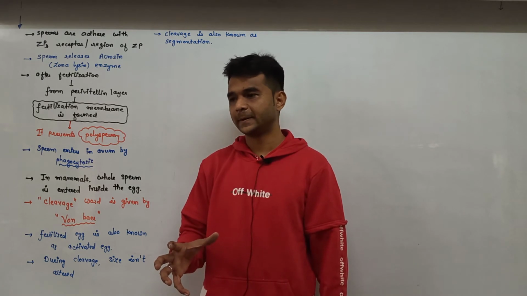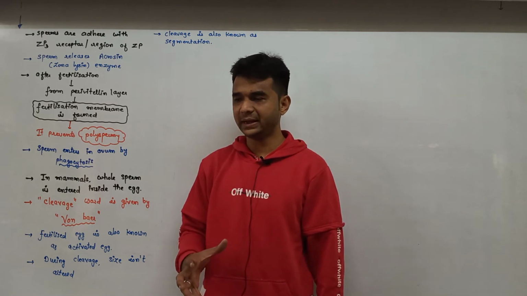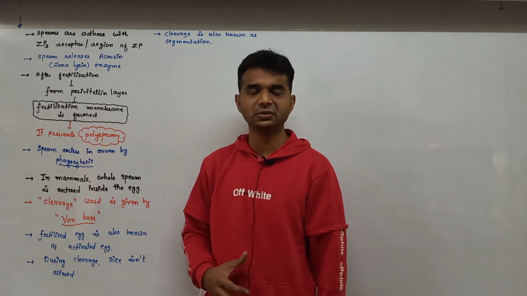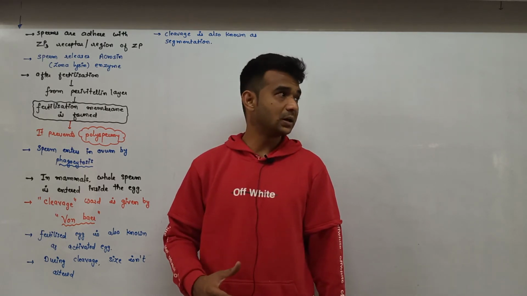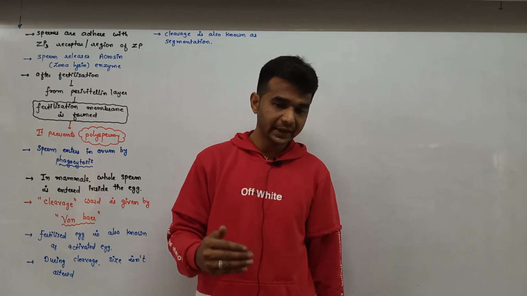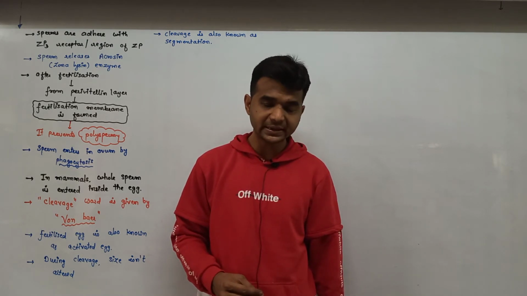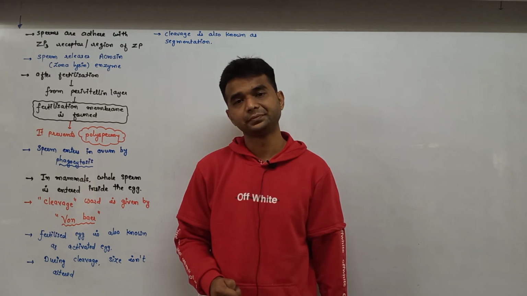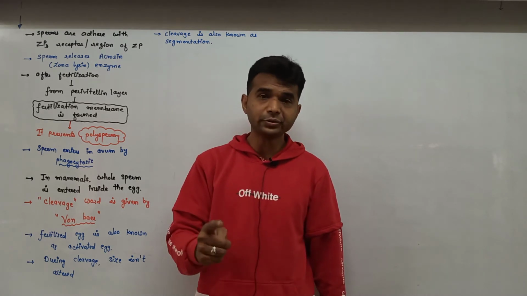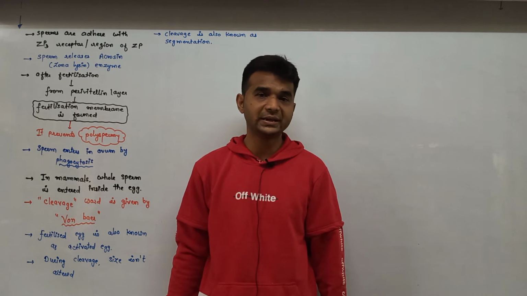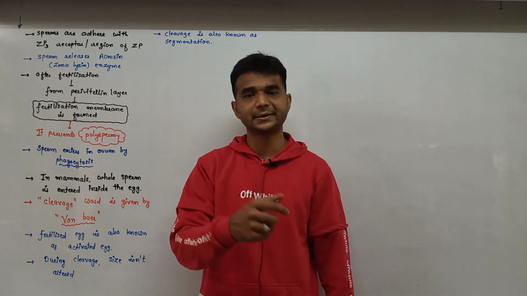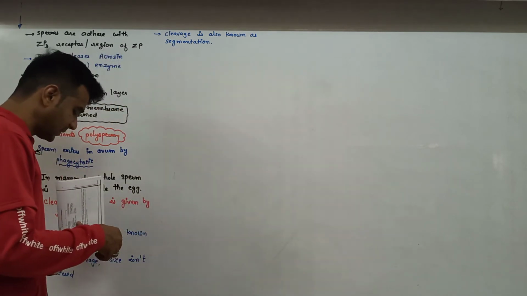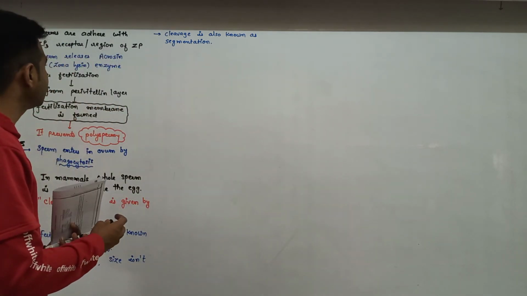Each and every 2, 4, 8, 16, 32 cell stage is known as blastomere, but 8 to 16 cellular stage is known as morula stage, and 32 cellular stage is known as blastocyst. Please remember all these sentences.